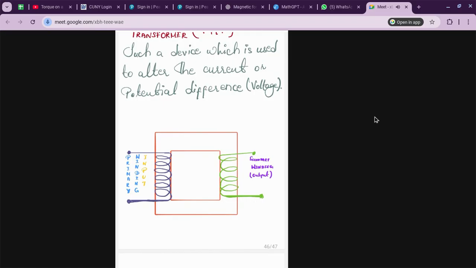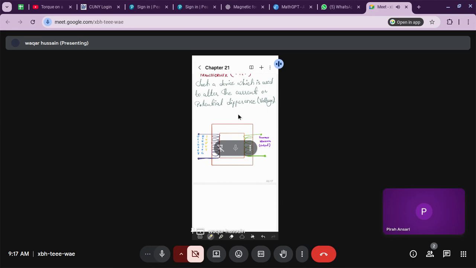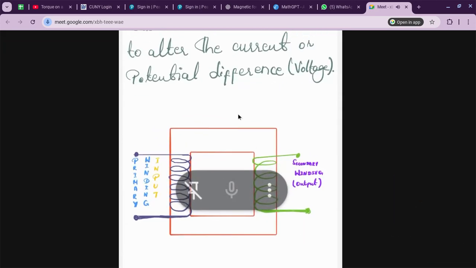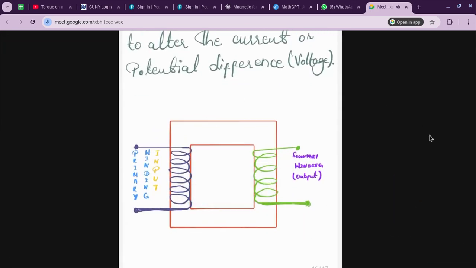Now this is a metallic loop, but the metallic loop is not directly connected with the secondary coil, because if the two coils are connected by only a metal piece, their current will be shared and the circuit will be short circuited.